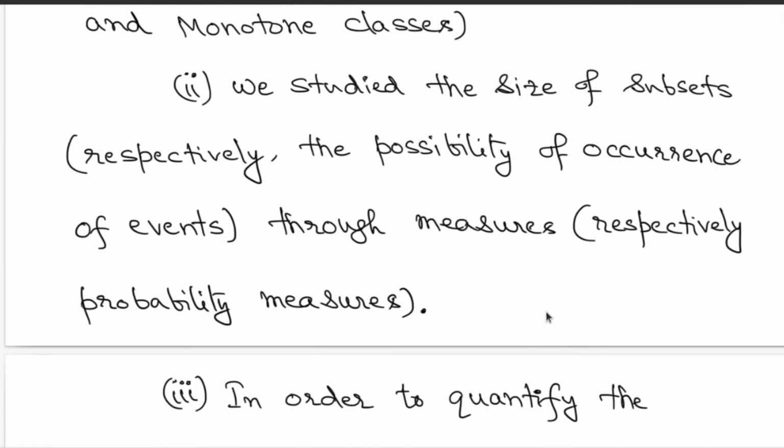Next, we studied the size of these subsets, or respectively the possibility of occurrence of these events, through measures and respectively probability measures. So for size of subsets of a given non-empty set, we looked at their sizes through measures, and for possibility of occurrence of events in a random experiment, we looked at the corresponding probability measures.